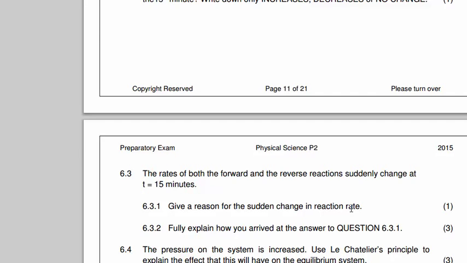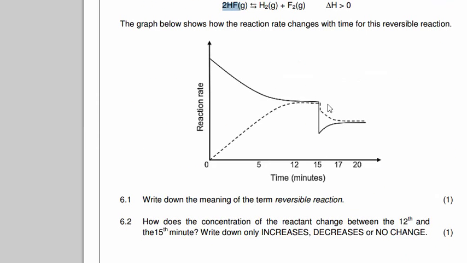Now I'm fairly convinced it's temperature. But my original answer when I answered this question was a change in the concentration, because I didn't really consider what change that would have.